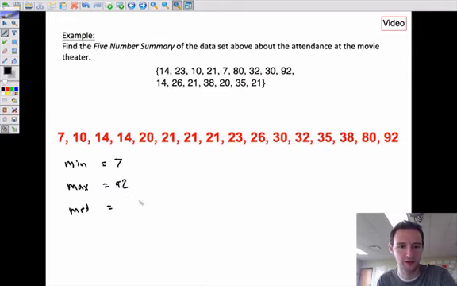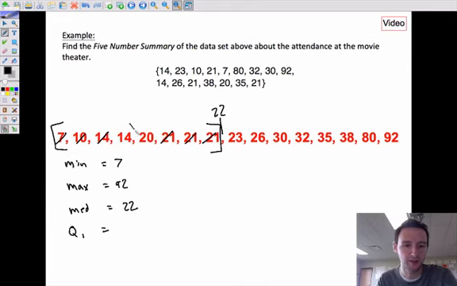The median we already found was 22. To find Q1, we take the lower half of the data. Halfway between 14 and 20 is 17, so Q1 is 17.